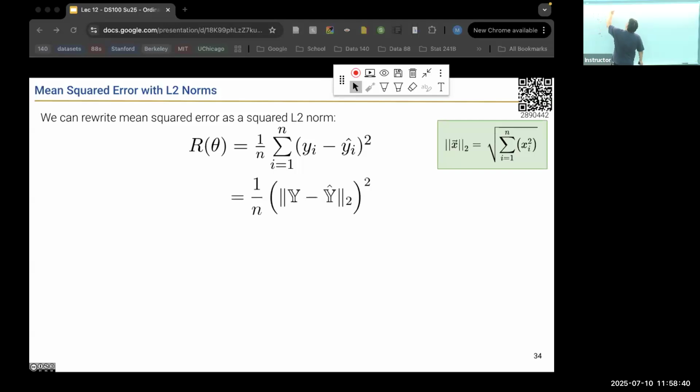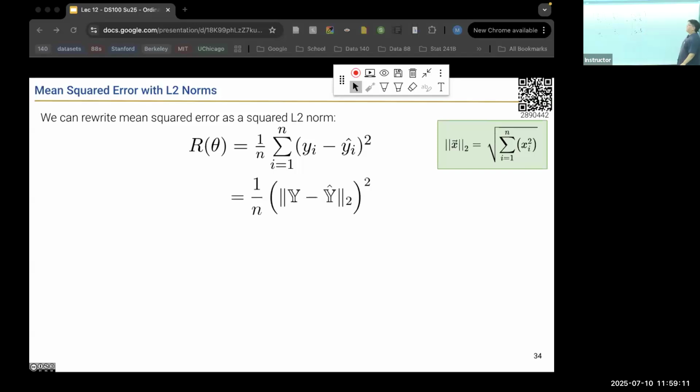Here is my y hat vector: y1 hat, y2 hat, yn hat. If you subtract them, what you get is y1 minus y1 hat, y2 minus y2 hat, yn minus yn hat.